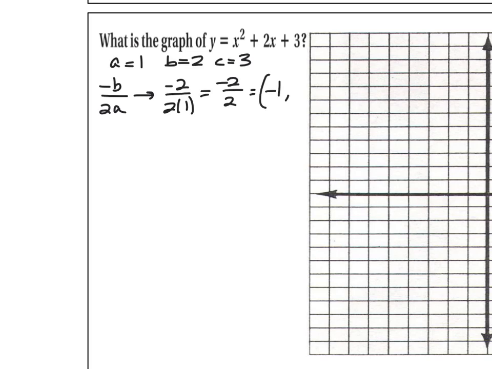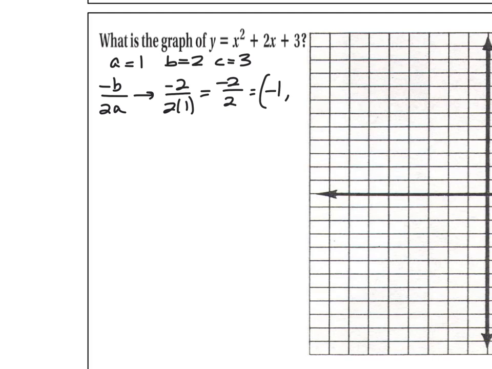Okay? So negative 1 is the first value of my ordered pair, so it's the x value. Okay, now how do I find the y value?